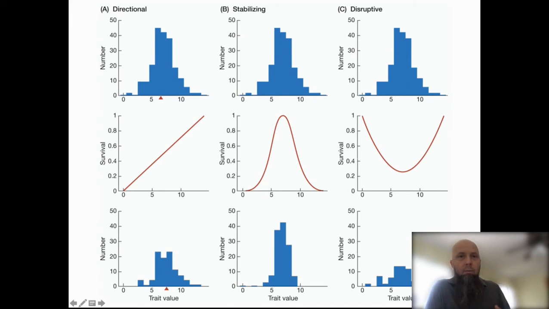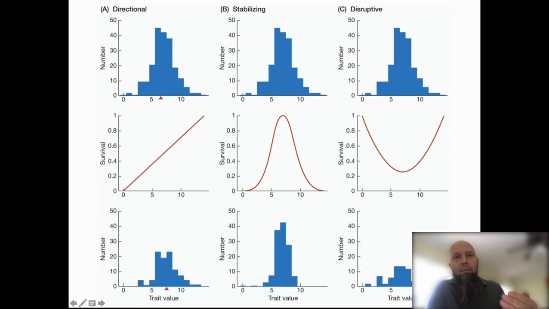And the selection pressure is illustrated and related to the trait value in the middle series of graphs. And you can see here that survival rates are very different under these different scenarios of selection, whether selection be directional, stabilizing, or disruptive.